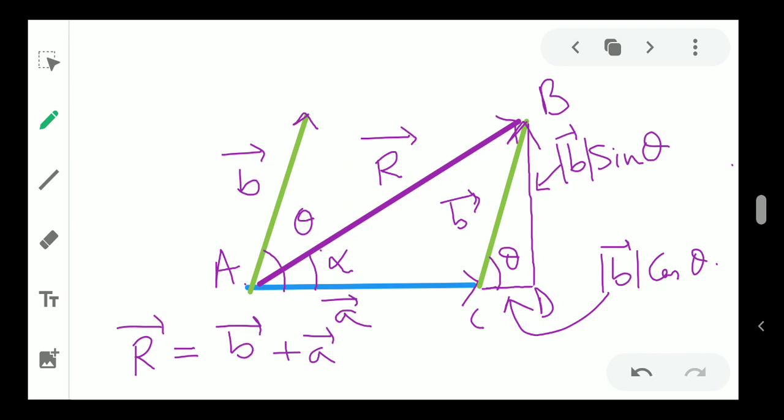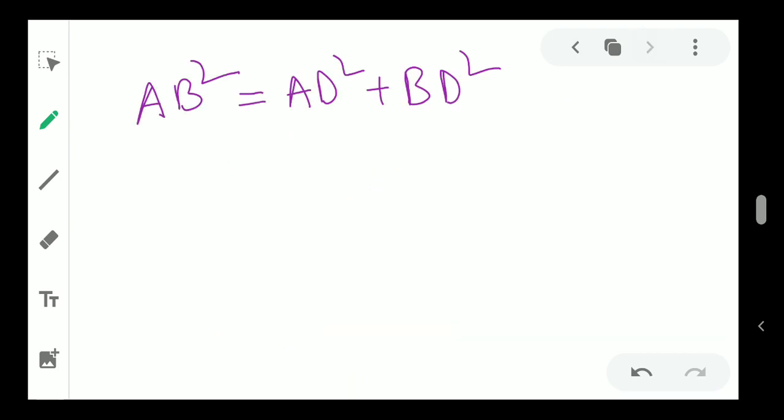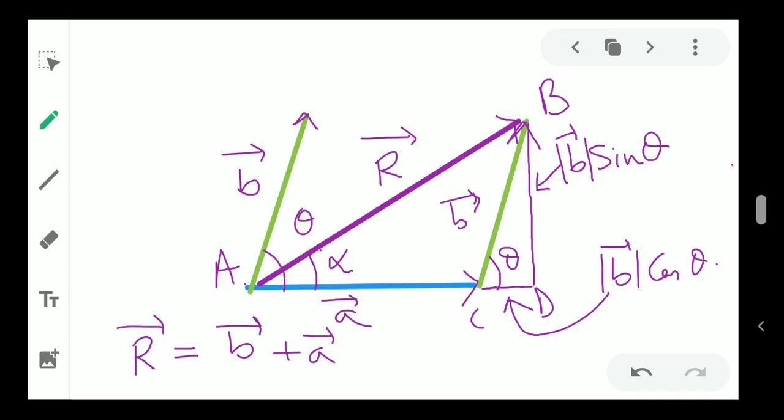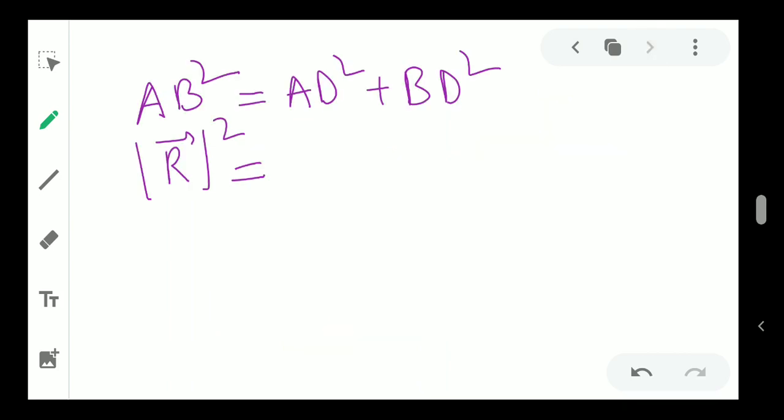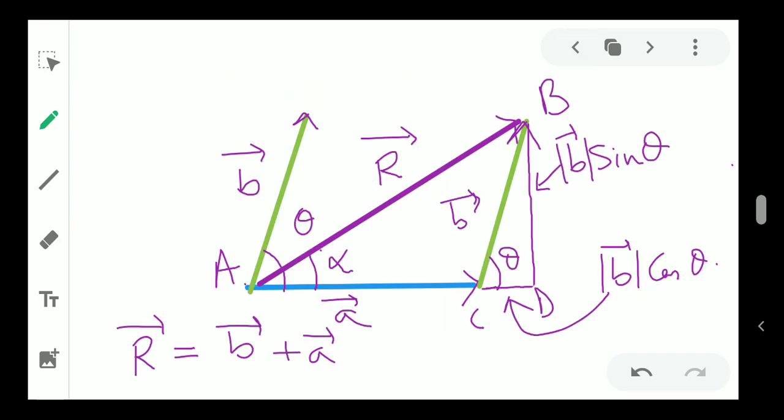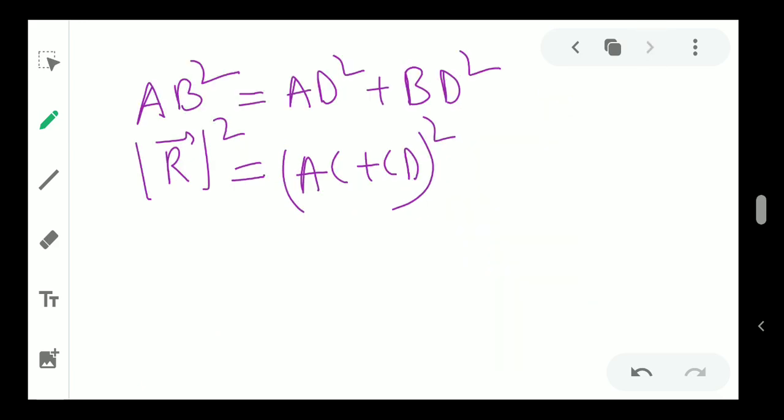Now AB square is generally the value of R. AD square is AC plus CD, so (AC plus CD) whole square, as AD is generally AC plus CD. And BD is as usual.